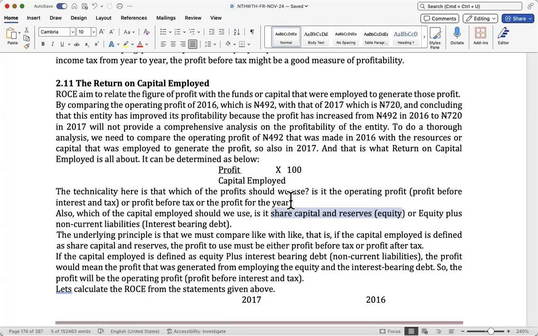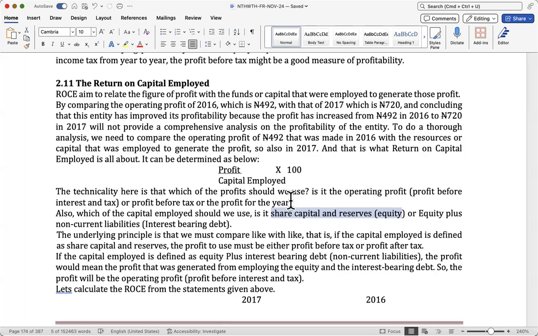Because when you check the statement of financial position, assets, which is your total assets, is always equal to your equity, which is your share capital and reserves, plus your liabilities. On your statement of financial position, you will see that the total asset side will be equal to the equity plus liabilities.